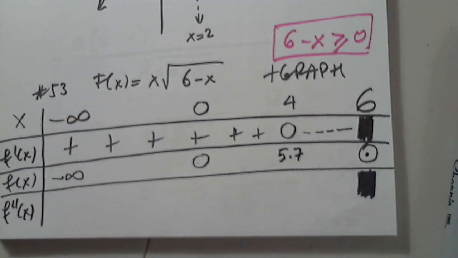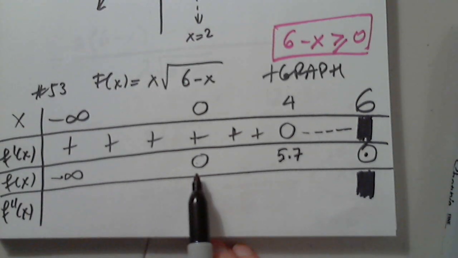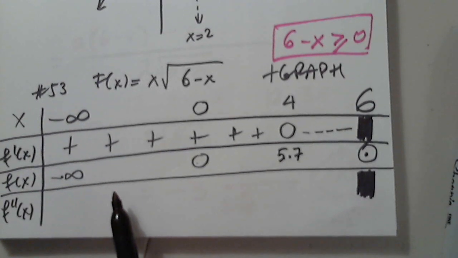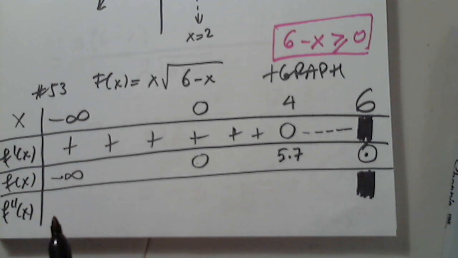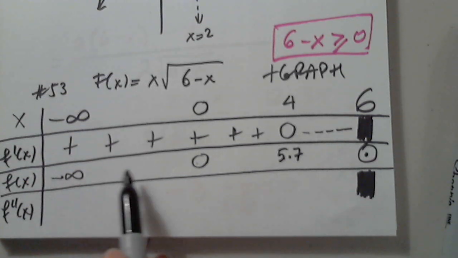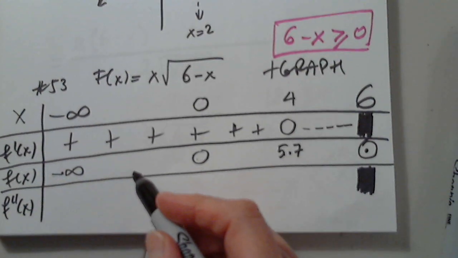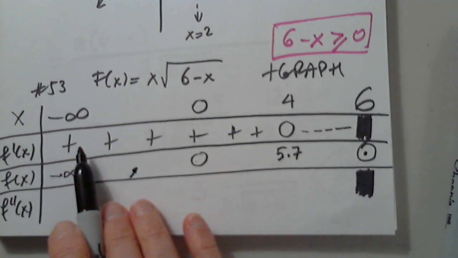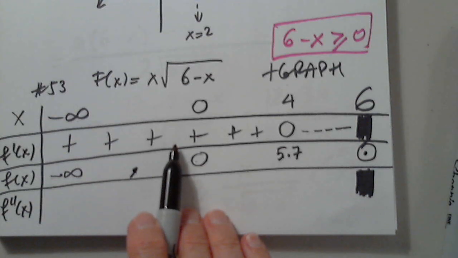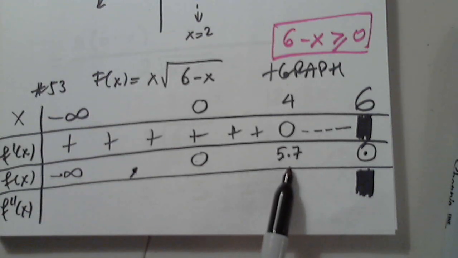Good. So from negative infinity to 0, what does the function do? Anyone? I'm sure everyone knows that from negative infinity to 0, the function is increasing. Is that supported by the sign of the first derivative? What does it do from 0 to 5.7?